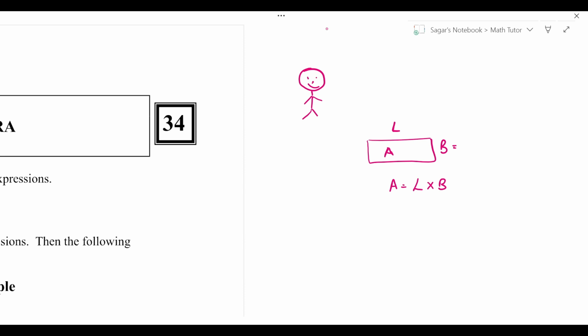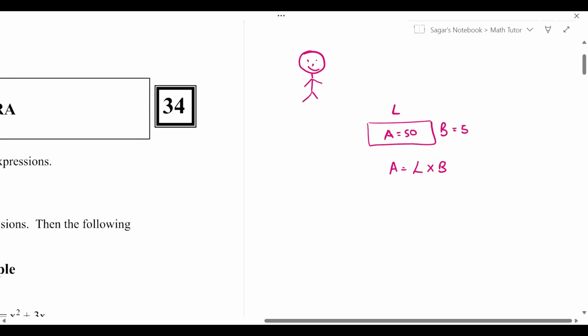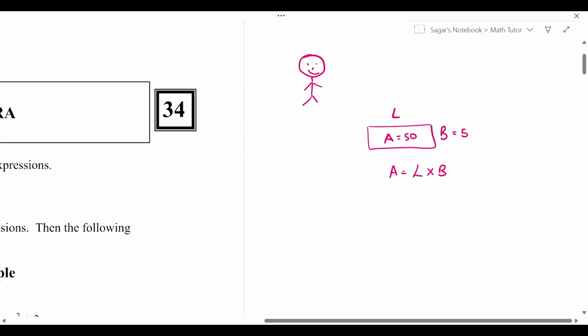Let's say the breadth is 5, the area is 50. Now the builder wants to determine the length of the building, knowing that the area is 50 and the breadth is 5.